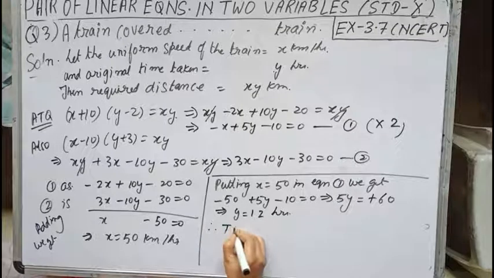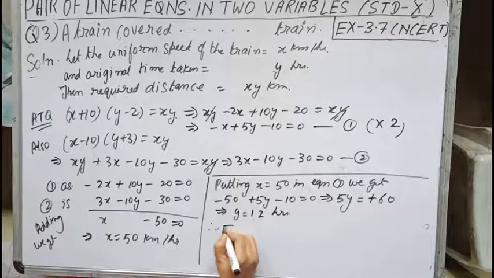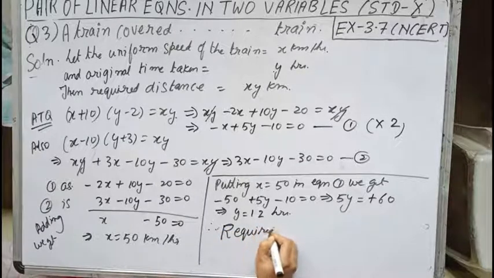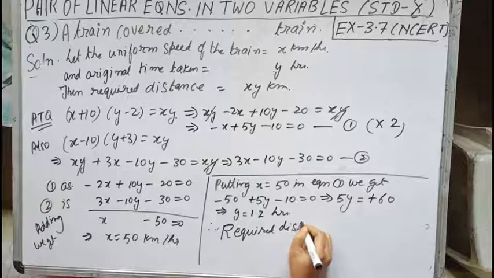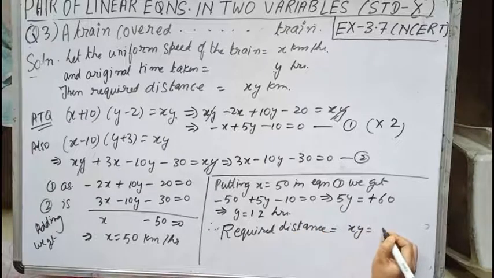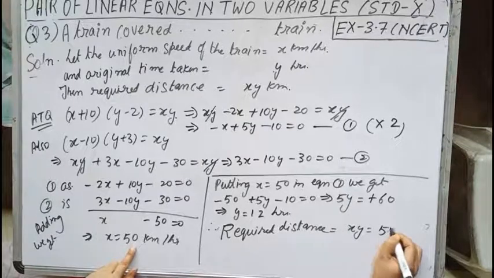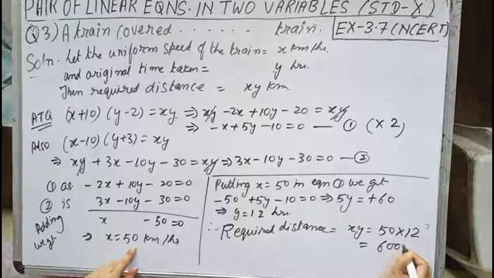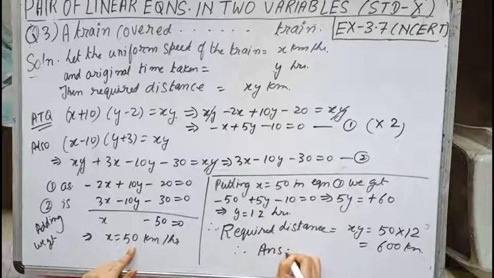Therefore, the required distance equals xy. X is how much? 50. Y is how much? 12. So 600 kilometer. Therefore, the answer equals 600 kilometer.